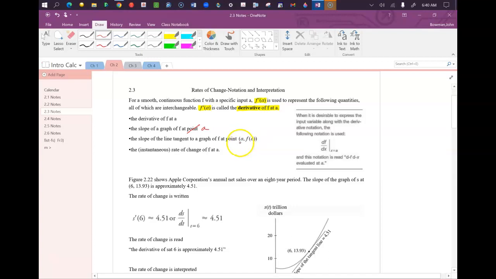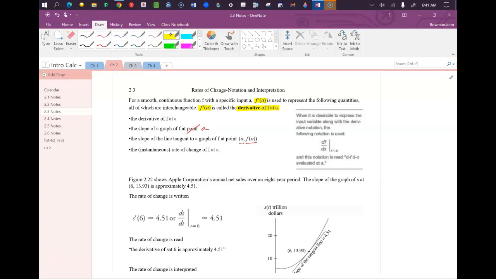So think about it, this is your input value to the function, f of a is the output value, and f prime of a would be the slope at that point. We also call it the instantaneous rate of change of f at a.